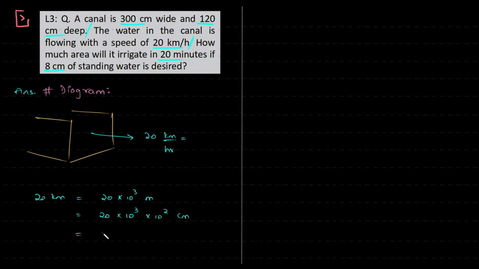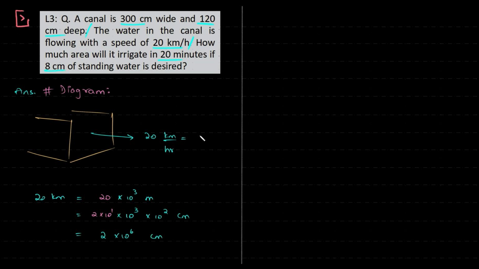So as a whole, we have 2 into 10 to the power of, here let me write this as 2 into 10. 20 I'm writing it as 2 into 10. Don't get confused. I just want to put all of these numbers as powers. So 1, 2, 3, 4, 5, 6.